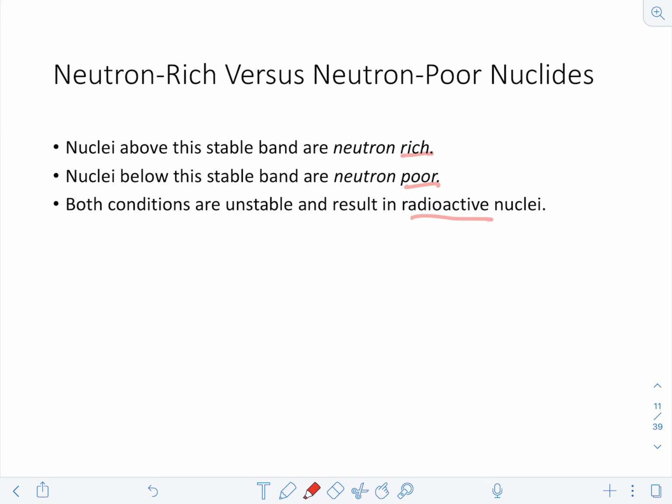So radioactivity is really hinging on the number of nuclei. And it makes sense because we know that the protons are positively charged and the neutrons are good at spacing out those protons so that we don't get so much repulsion. But the moment we start adding too many neutrons, that balance has been shifted, and as a result, the nucleus is very unstable.